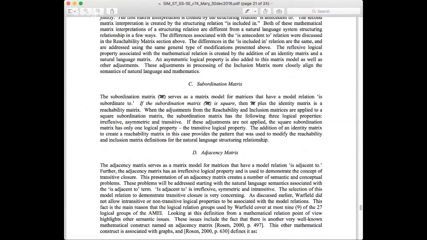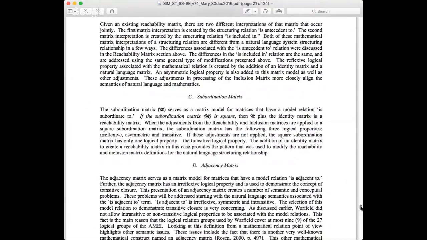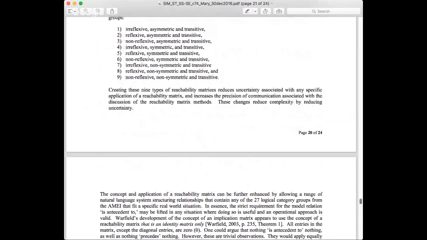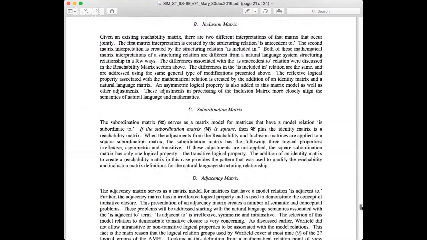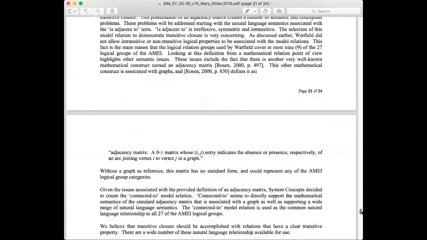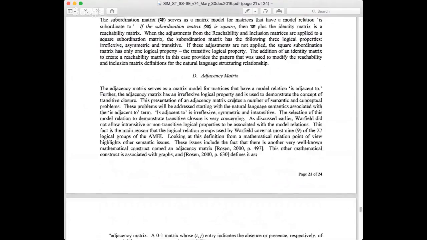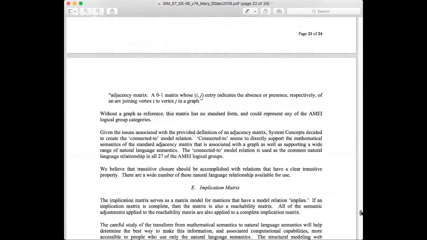Okay, so this doesn't seem to be much of a, approach there. So I believe what we'll do then is we'll look at the inclusion matrix and the subordination matrix, and the adjacency matrix we'll shoot for March, leaving the implication matrix for April.